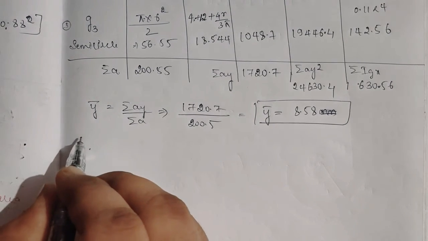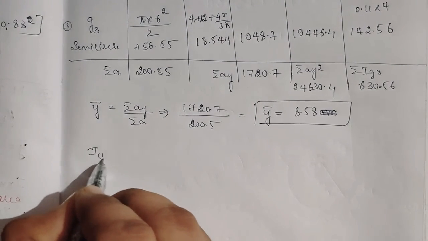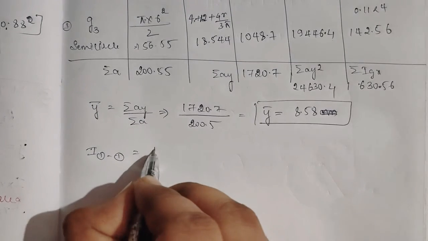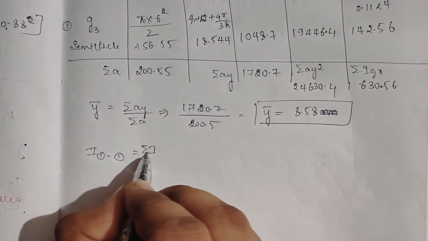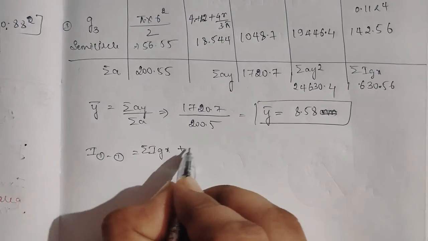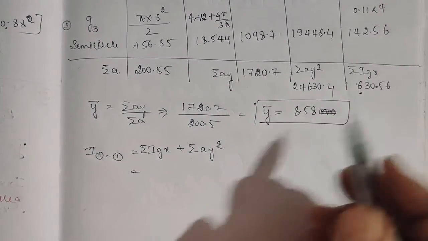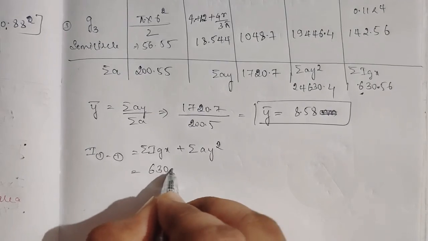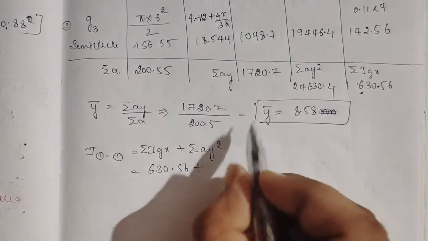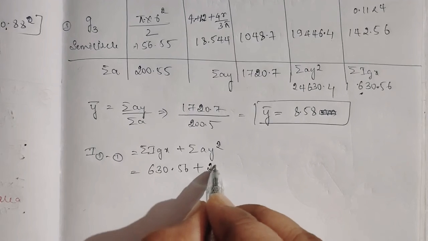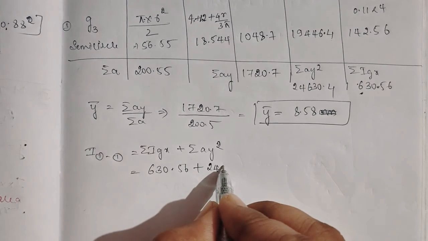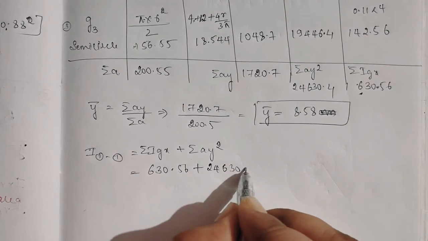Next, what I want is the moment of inertia about axis 1, that is summation of Igx plus summation of ay square. Summation of Igx is 630.56, ay square is 24630.4.